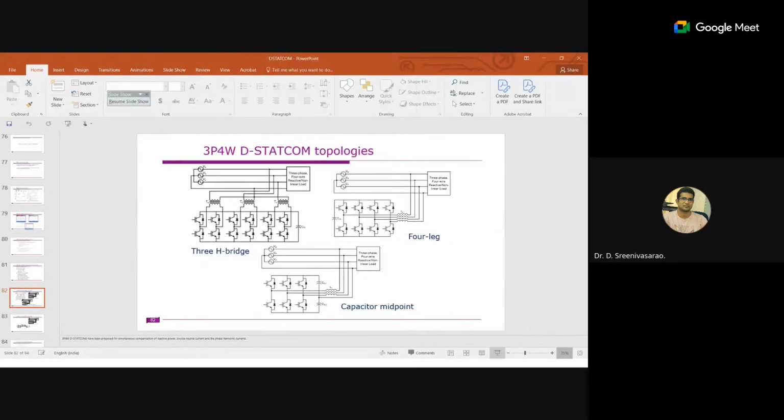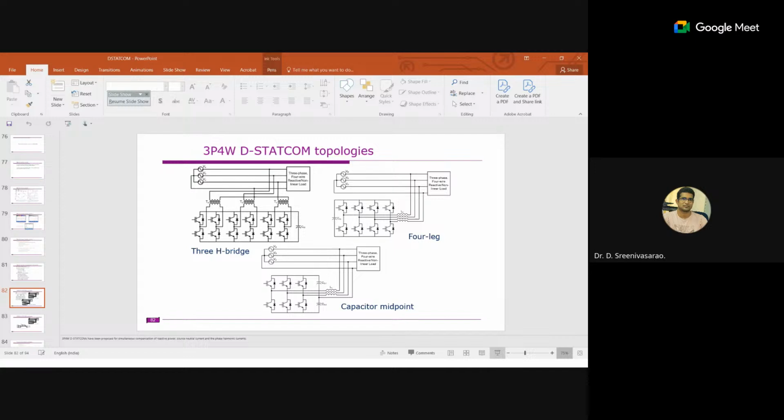So this is the figure we are talking about. Each of these has its own drawbacks and merits. The biggest drawback of the capacitor midpoint is the unbalance among the capacitors. If you are injecting a large current into the capacitor split point, that obviously leads to a large deviation in the capacitor voltages.